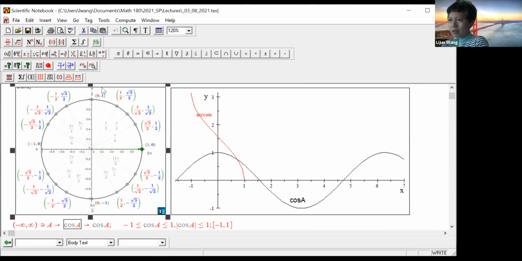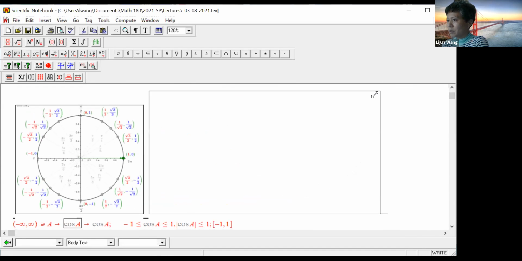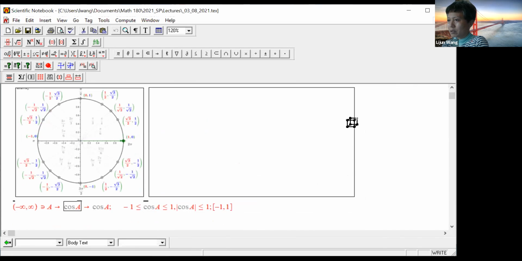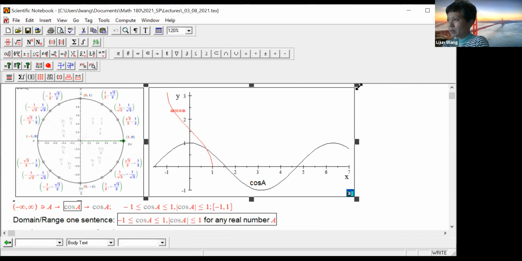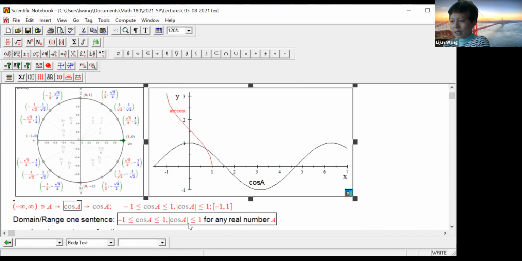I'm going to make this a little bit smaller so I can type some of the same things on the same page. So the cosine is always what we refer to here.